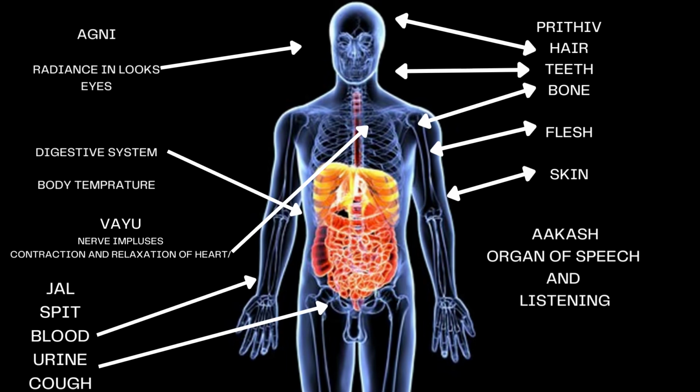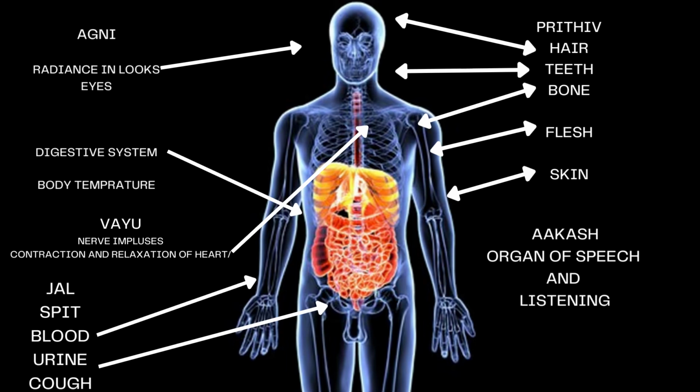Agni Mahabhuta. Agni Mahabhuta is considered in radiation in looks and eyes, digestive system and body temperature. Now, why are these functions considered in Agni Mahabhuta? Because Agni constantly converts matter into energy. Hence, it generates heat.